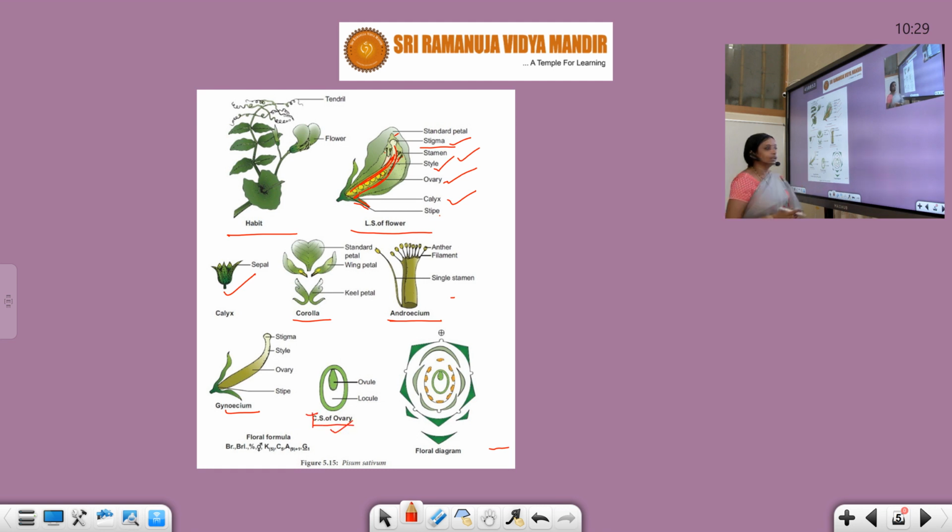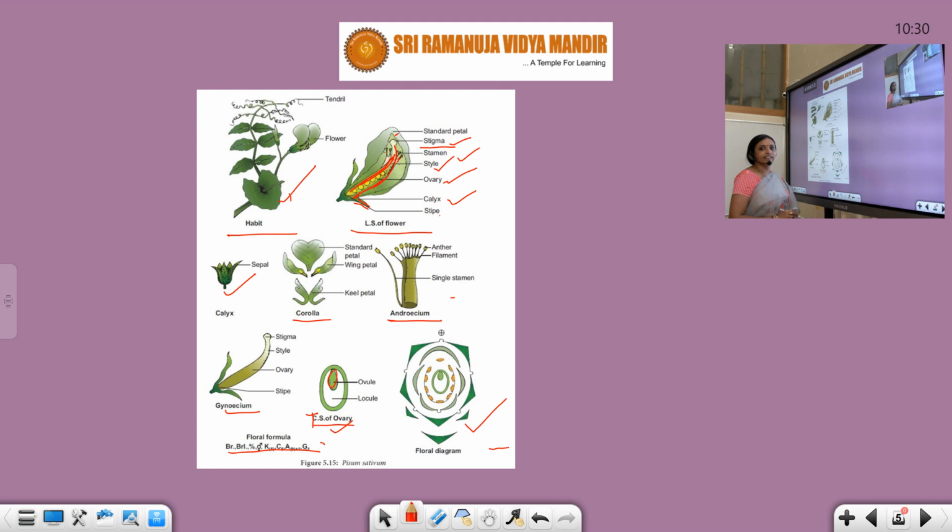In the transverse section we can observe how the ovules are present, because it is showing marginal placentation. And this is the floral diagram, and here the floral formula is written. So we will discuss each and every character, and this is the twig diagram.